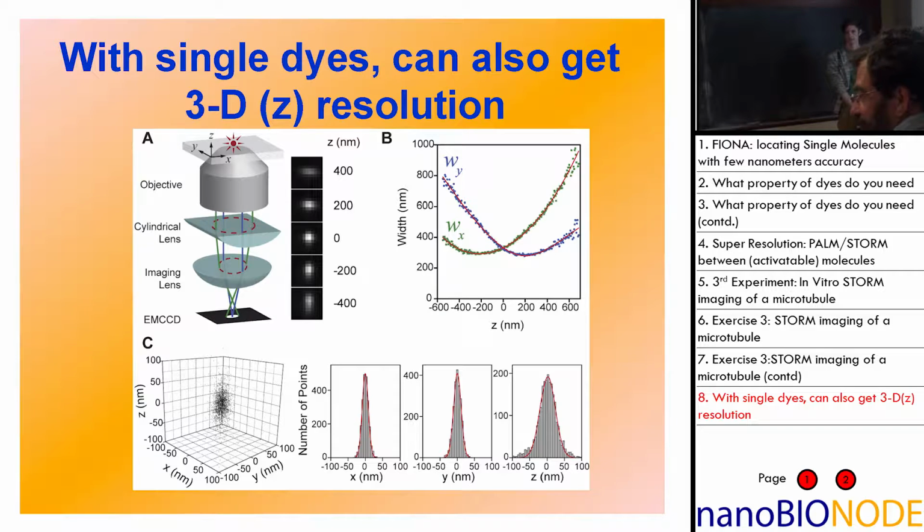Yeah, exactly. At 0, there's essentially no distortion, so you fit the full width at half max to a 2D Gaussian. You get a certain uncertainty in x and a certain uncertainty in y, on the order of 250 nanometers.